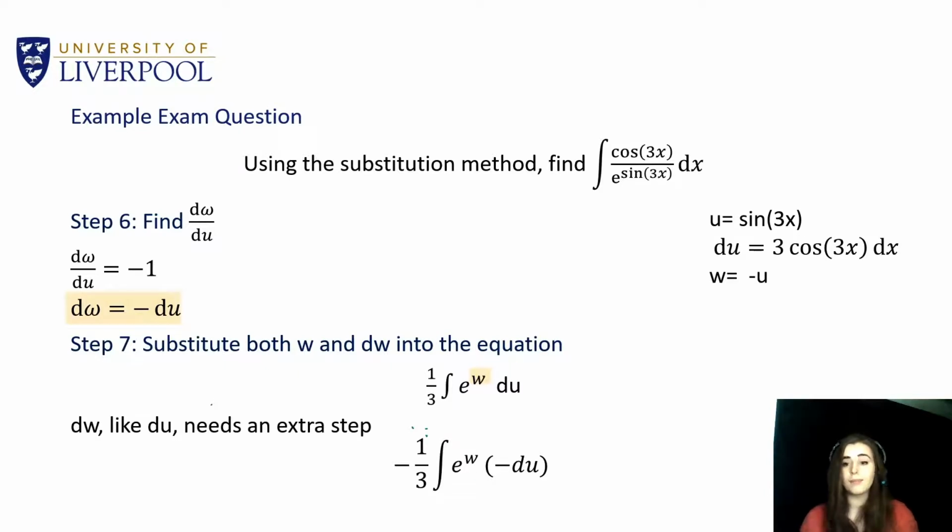And the reason why I'm allowed to do that is because a minus times a minus equals a positive. So it's the same equation. We've balanced it out so it doesn't really have any impact on it. And then I can easily switch that out with our dw.